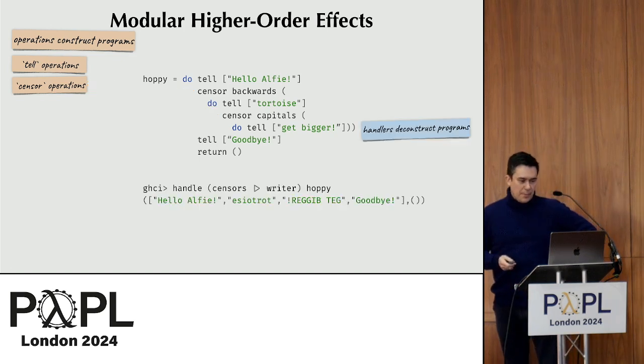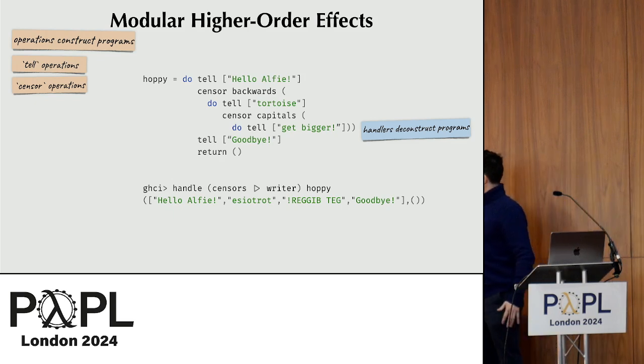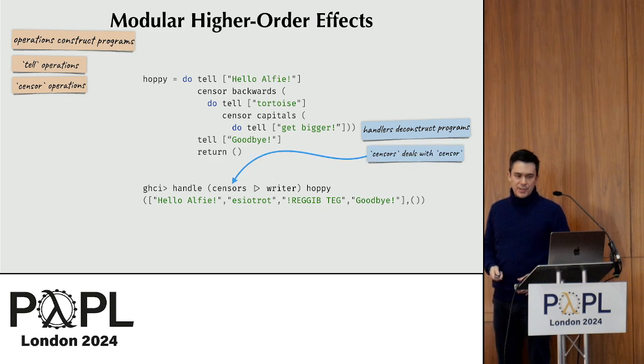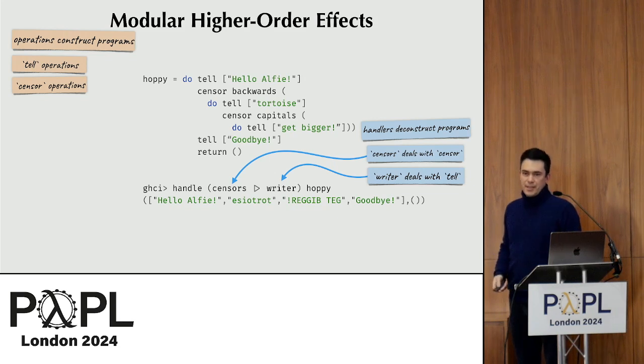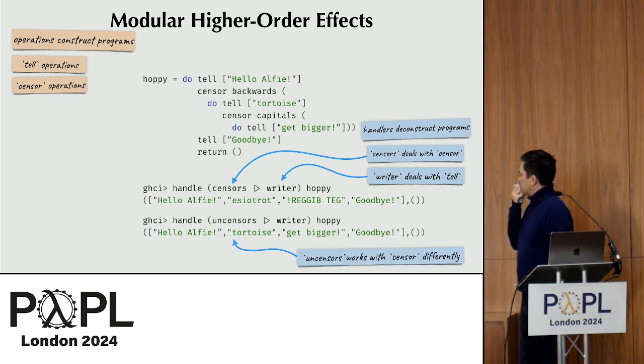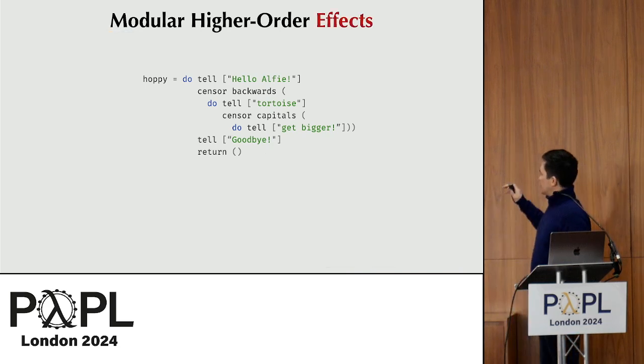Okay, and because this is an example of what we call effects handlers, we're going to have a handle function here which handles away this program using two things called handlers, where censor deals with the censoring and the writer handler deals with the tell operation. Okay, so the way that the rest of this talk is going to unfold is I'm going to try and focus on the different parts of the title.